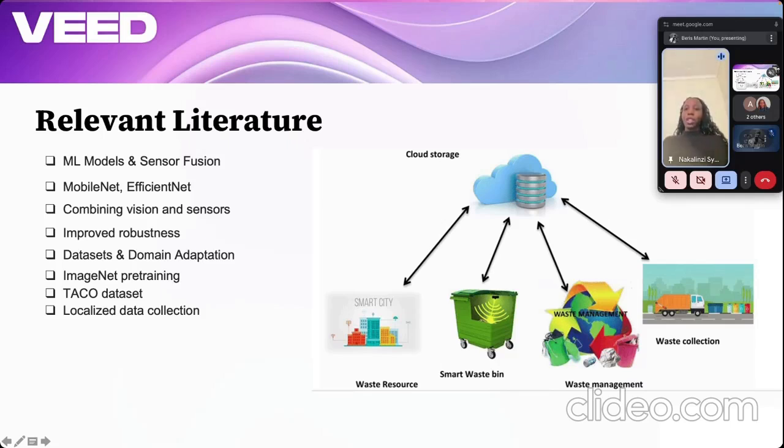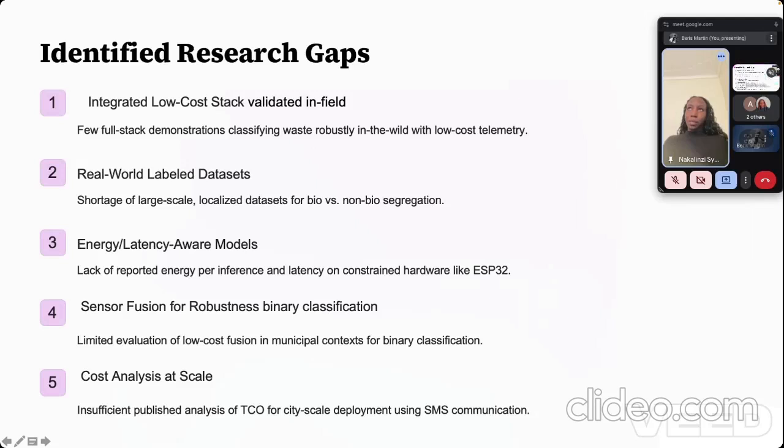Then we shall use the TACO dataset, which comprises very many images to come up with a clear description of which trash belongs in which set. And also localized data collection, where we can collect data from our everyday surroundings to determine what trash people around us mainly use. Thank you. My colleague will carry on from here.